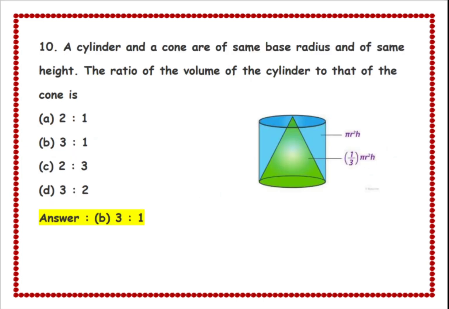Question number 10. A cylinder and a cone are of same base radius and same height. The ratio of volume of cylinder to that of cone is. Students, you can find out by substituting the formula. Another simpler way is the volume of cylinder is equal to 3 times the volume of cone.